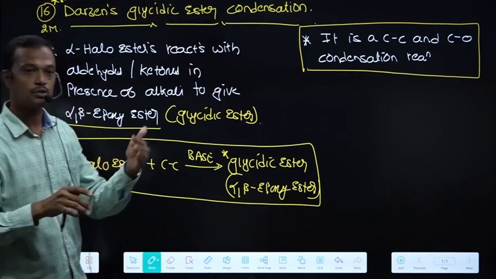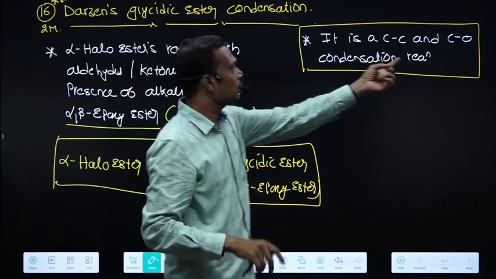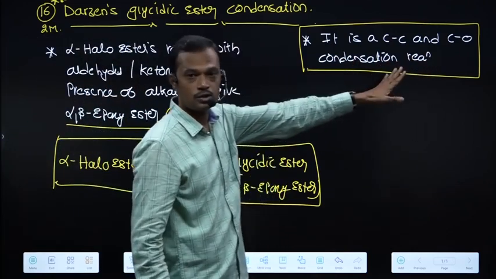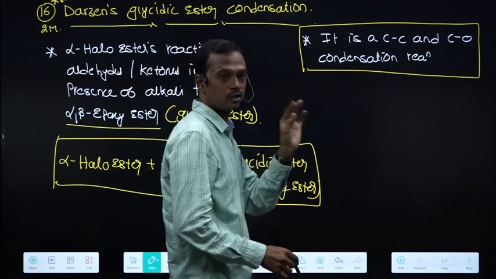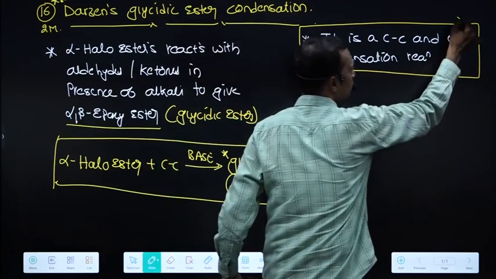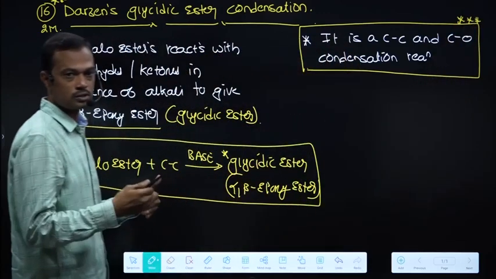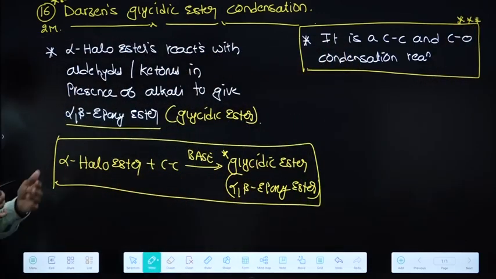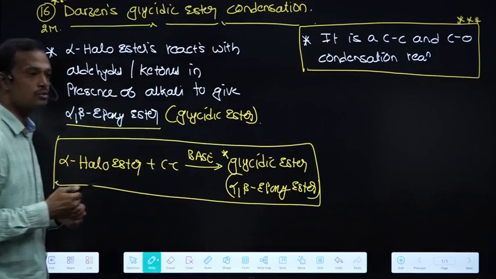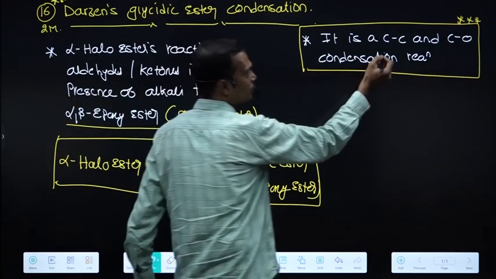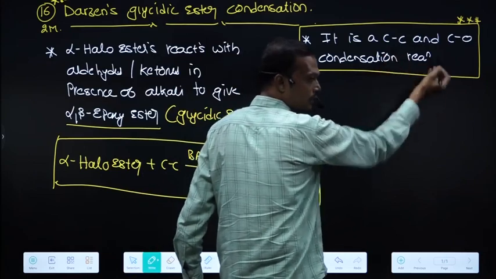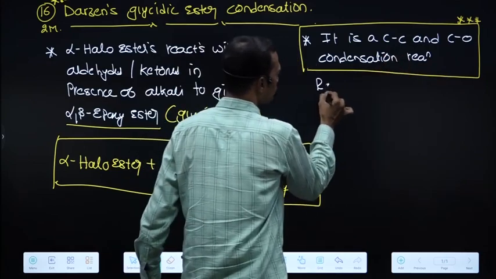But C-C condensation followed by C-O condensation is observed only in case of Darzens. If they want to ask any Darzens question, first they will ask which among the following will give C-C and C-O condensation. So it is only one reaction that will give C-C and C-O. This you need to remember.